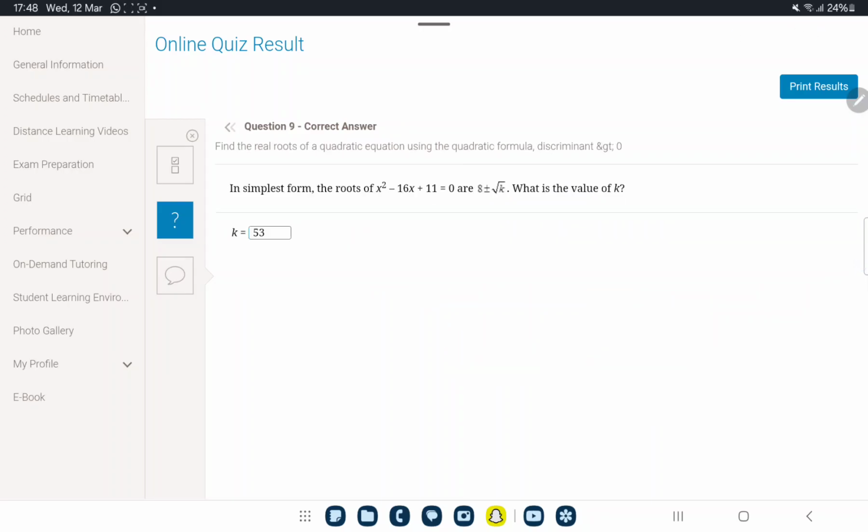In simplest form, the roots of x squared minus 16x plus 11 equals 0 are 8 plus minus radical k.